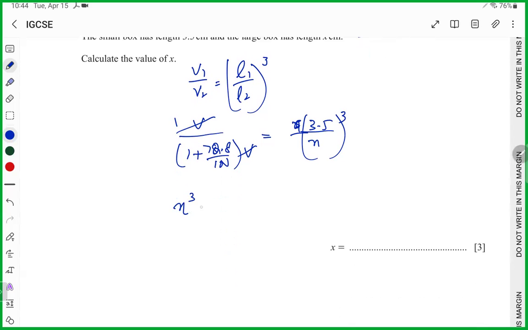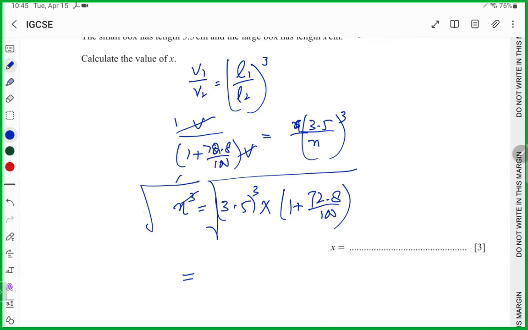So x cubed is equal to 3.5 cubed times 1 plus 72.8 over 100. And then finally, you can take the cube root on both sides. It is going to be 4.2.